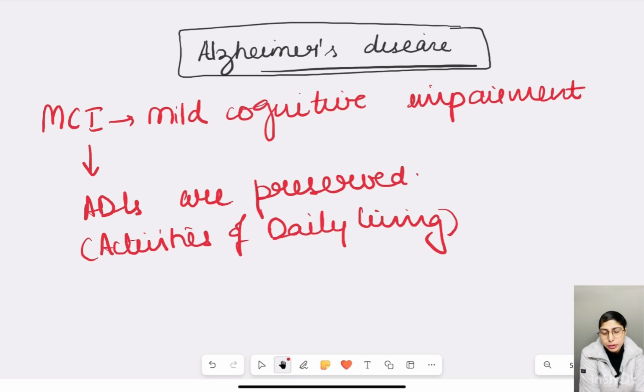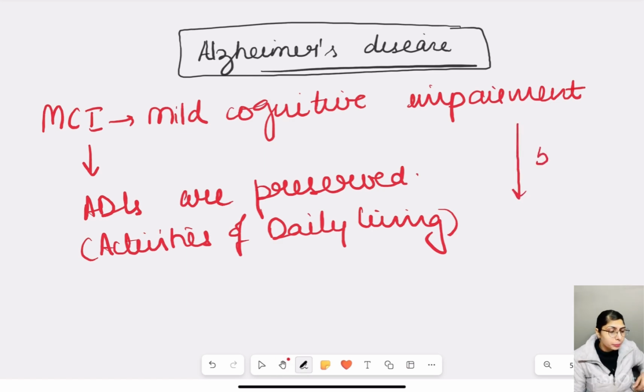The person is able to find their way home, is able to take bath on his own, is able to dress up, is asking for food, is able to eat on his own. We call it mild cognitive impairment. We do not call it dementia. Dementia is when the activities of daily living are also impaired.